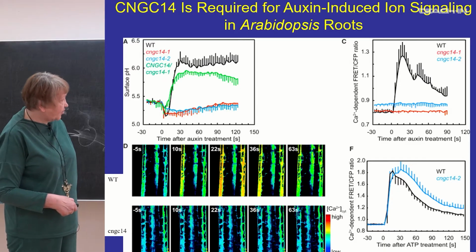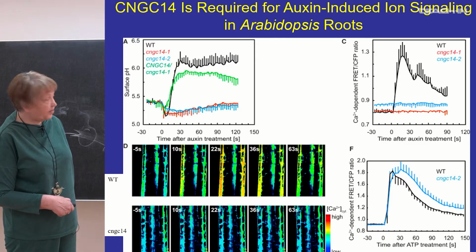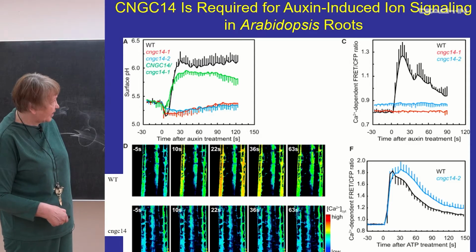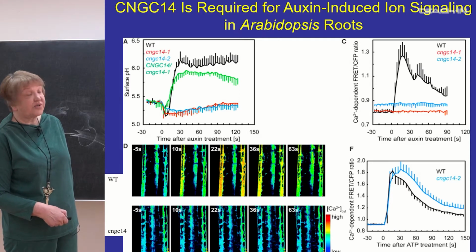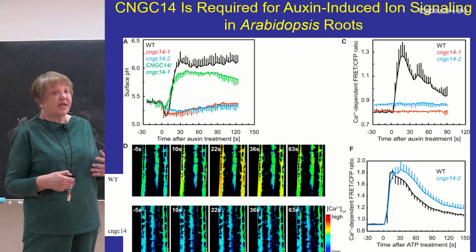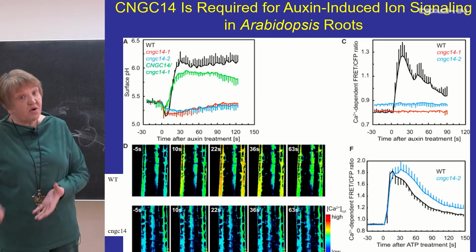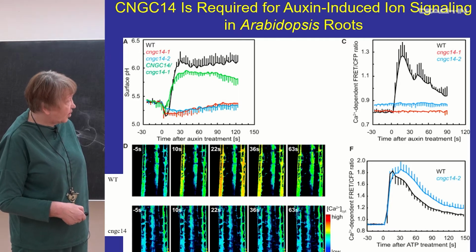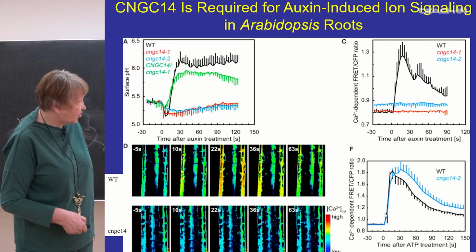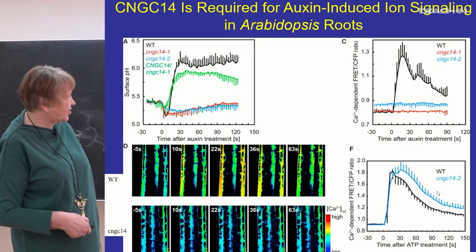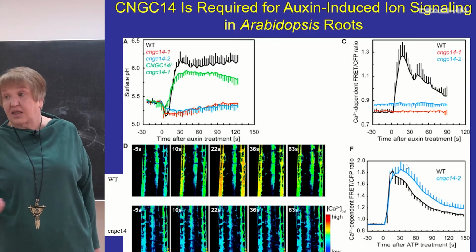And here you see it on color-coded pictures. This is the root, and you see adding auxin, you get an increase and then decrease again. And the mutant doesn't respond. Interestingly, it's a specific response to auxin because the mutant responds quite nicely to addition of extracellular ATP, just as well as wild type.